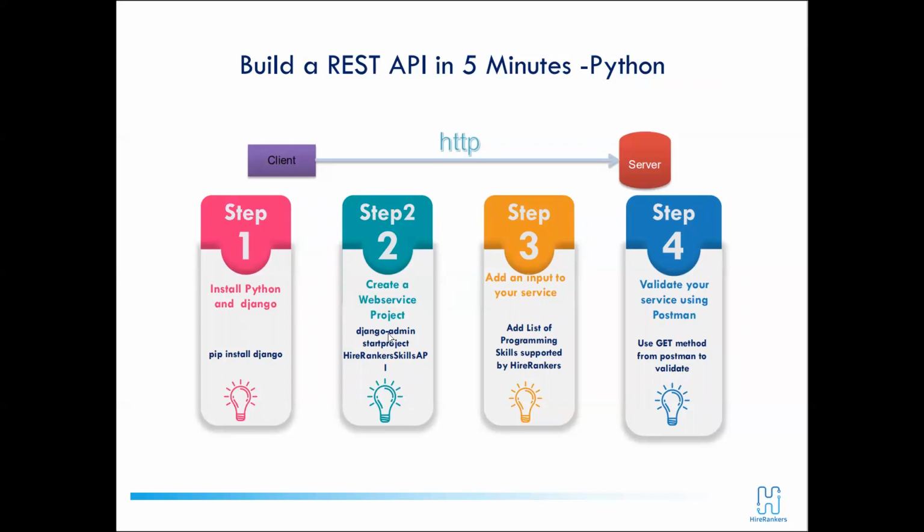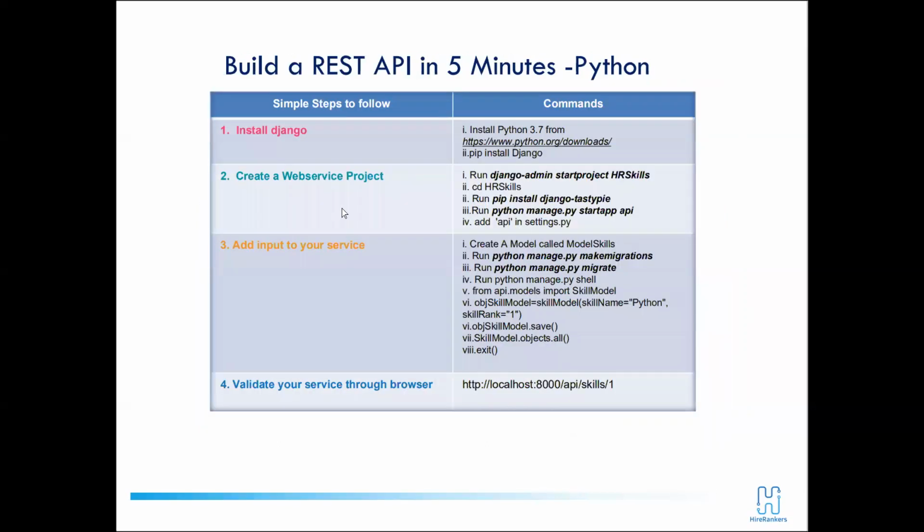The next step, I'm going to create the project as HireRanker Skills API. And then the next step is we're going to see how I can add the data into my data model. Then we can show the data through the HTTP protocol. So these are the few steps we are going to follow.